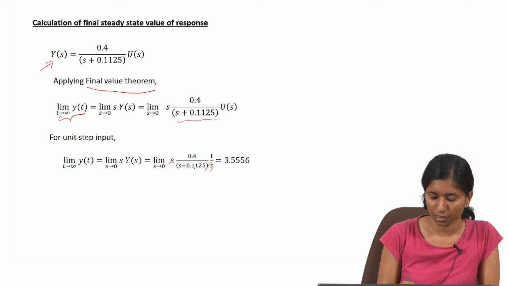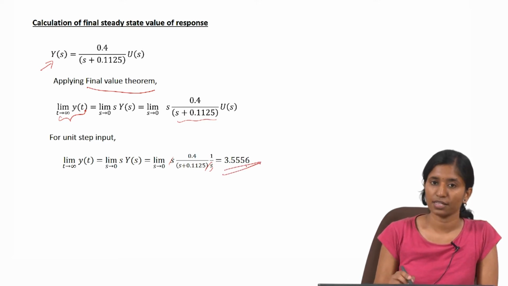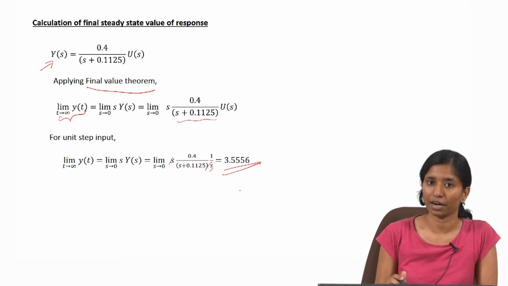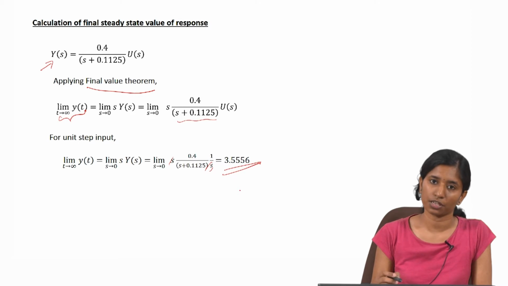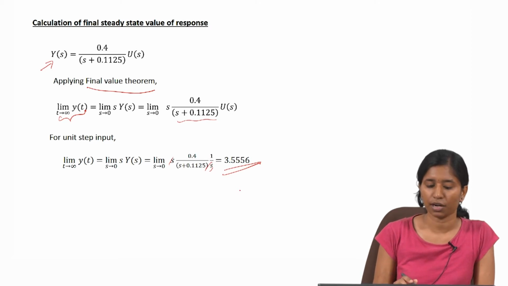So, what we will get is 0.4 by 0.1125, which will give us 3.5556. This is the same steady state value that we had obtained earlier, and this confirms that if we solve the differential equation by integrating, or if we solve it by this Laplace transform approach, the steady state value that we obtain is the same.